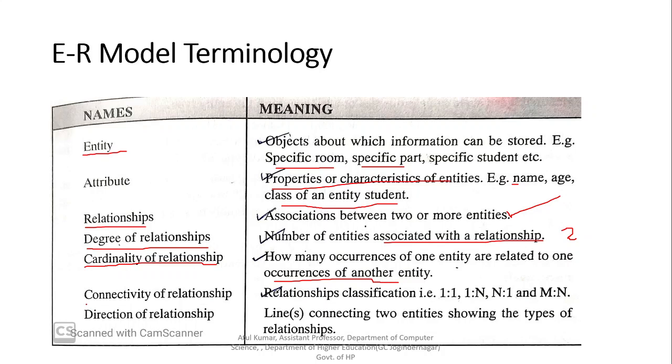Next is connectivity of the relationship. It is the occurrence of one entity related to the occurrence of another entity, and it is classified as 1 is to 1, 1 is to n, n is to 1, and m is to n. The next is the direction of the relationship. It is basically the line connecting two entities showing the type of the relationship.